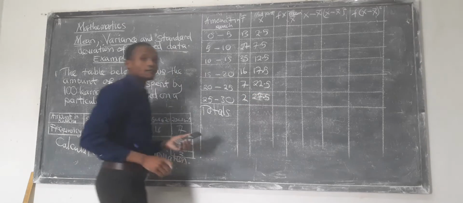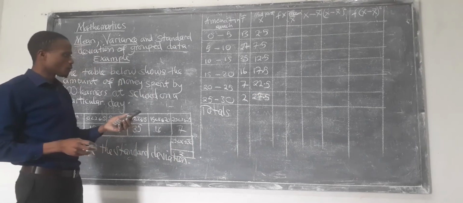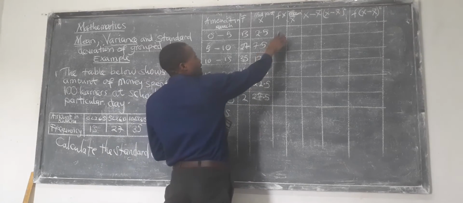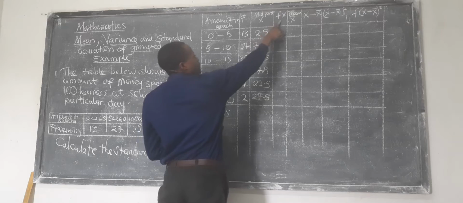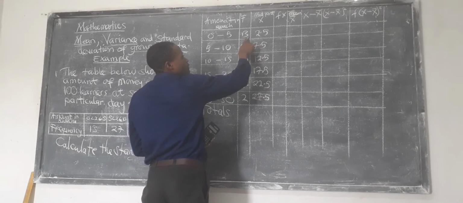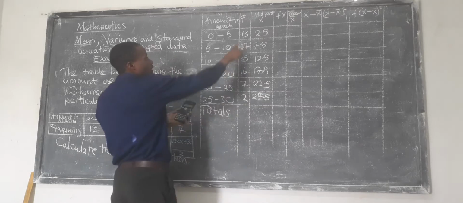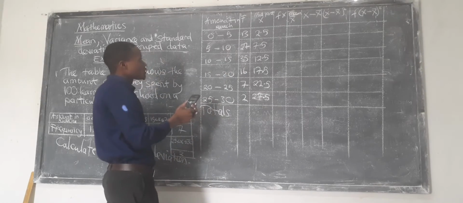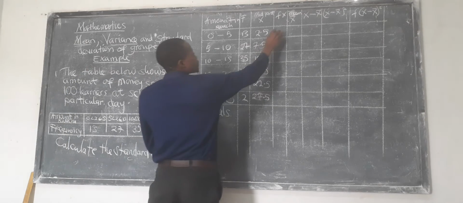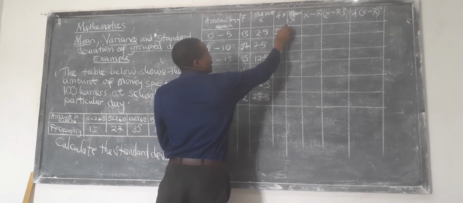When you find that, you need to find now the product, f times x, frequency times the midpoint. In this case, we have 13 times 2.5, giving us 32.5.